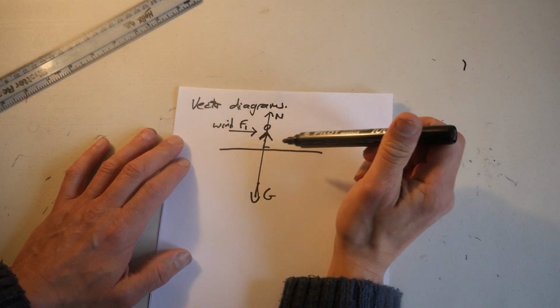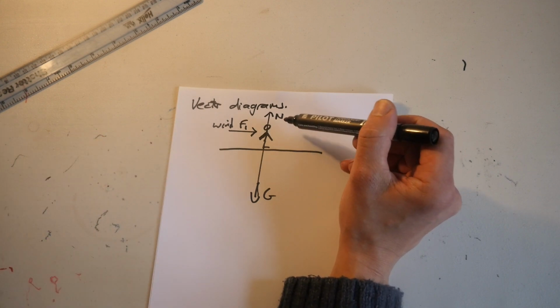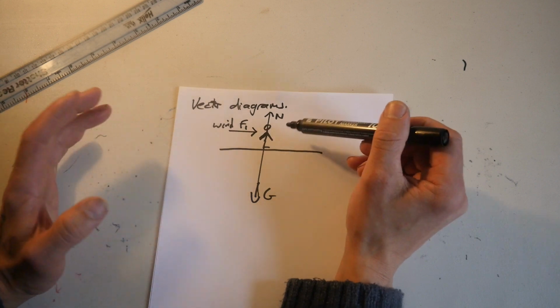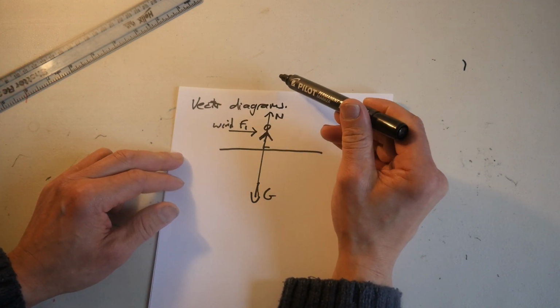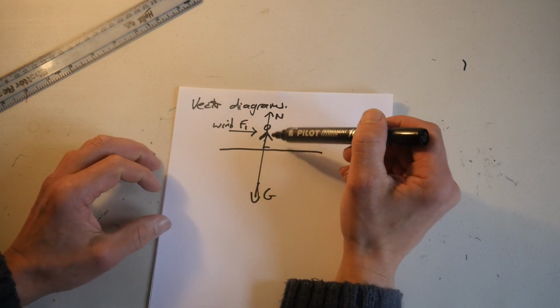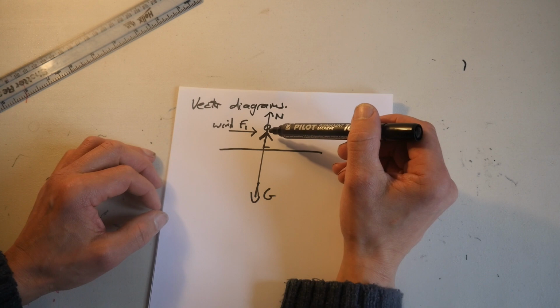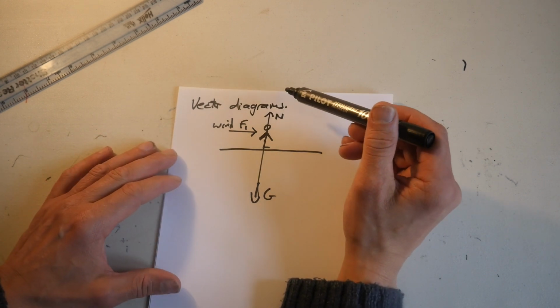So what I was trying to explain was if a person is standing on the ground, normally the gravity pulls you down and the ground pushes back up. So you feel a bit of pull down, you have weight because the gravity is pulling down and normal is pushing up.